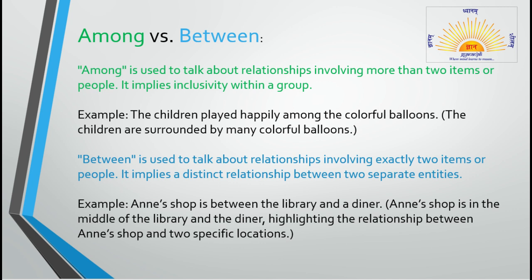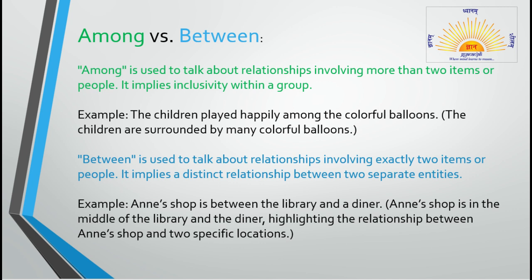Now let's understand how and where to use between. Between is used to talk about relationships involving exactly two items or people. So it refers to a distinct relationship between two separate things. Example, Anne's shop is between the library and a dinner shop.